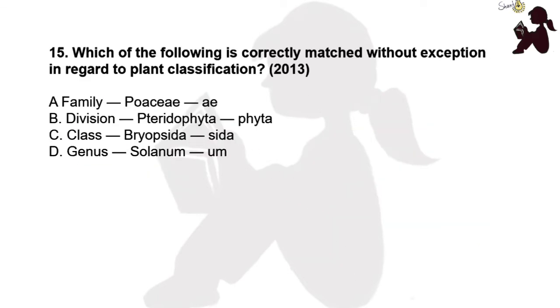Okay, here the question says which of the following is correctly matched without any exception in regards to plant classification? Okay, option A is family, Poaceae, AE. Option B, division, Pteridophyta and Phyta. Option C, class, Bryopsida, Sida. And option D, genus, Solanum. Okay, so these are the suffix for the taxon, for the specific taxon.